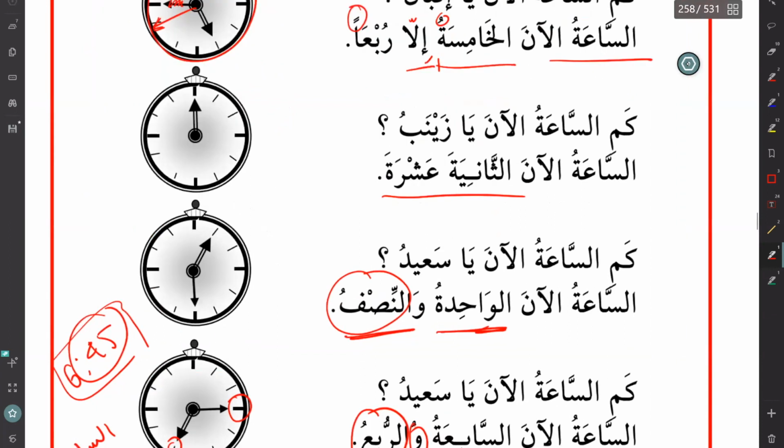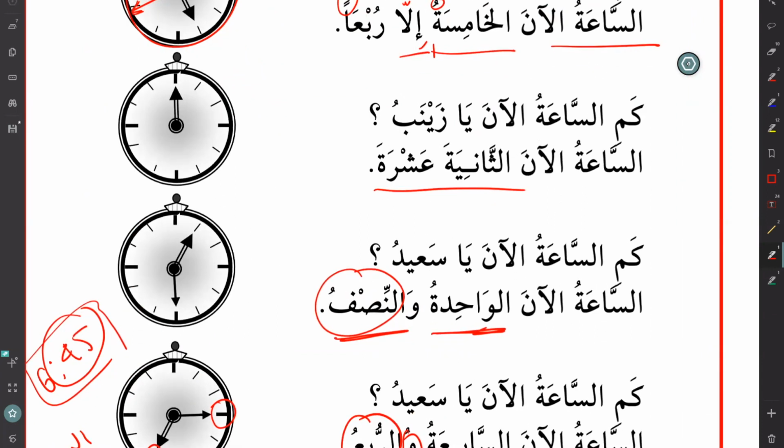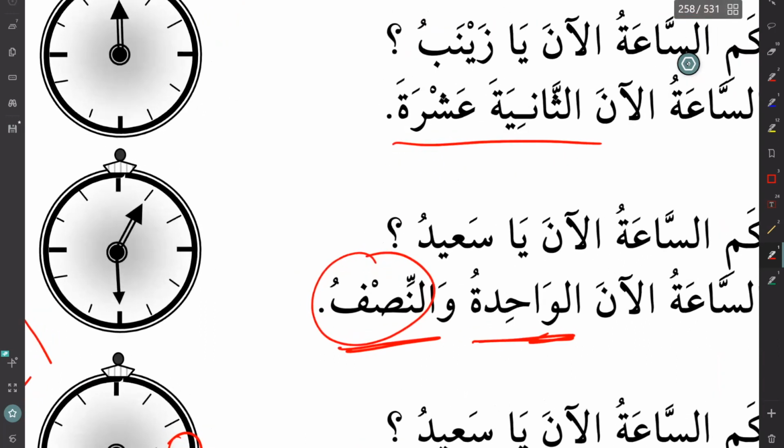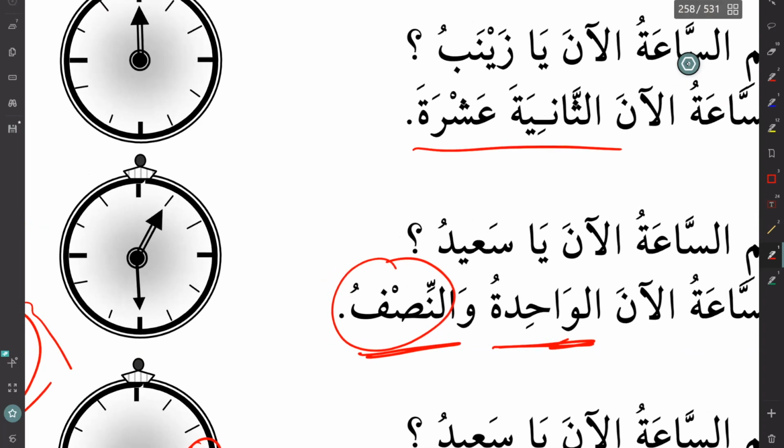And then the third step would be learning about how to say, in the second step, you should also add how to say like 15, which is what? Rubo. How do you say 20? For the 20, you can say wa thuluth. For example, if you say 3:20, you can say as-sa'atul ana al-thalithatu wa thuluth.